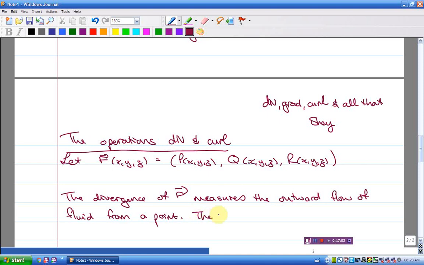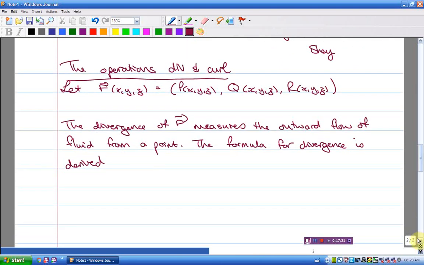Now you can derive the formula for div. I'm not going to derive it, but the way you derive it is, and this is the correct use of the word derive, derive doesn't mean differentiate, the formula for divergence is derived by imagining a tiny box at a point and determining the total flux out of the box.